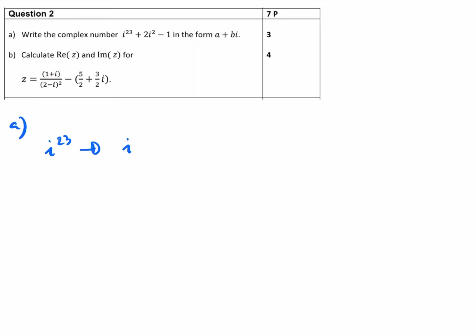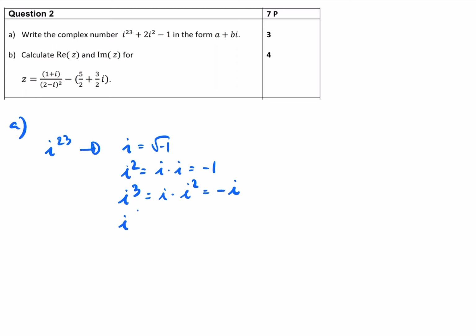So we know that i is equal to square root of -1. We know that i squared is equal to i times i, which is equal to -1. i to the power 3 is i times i squared. Can just use what we just calculated here. i squared is -1. Therefore, i to the power 3 is just minus i.